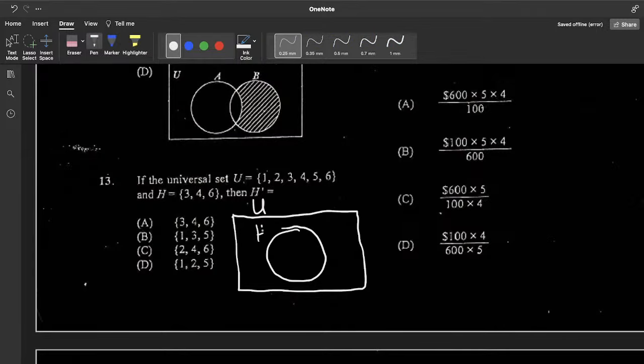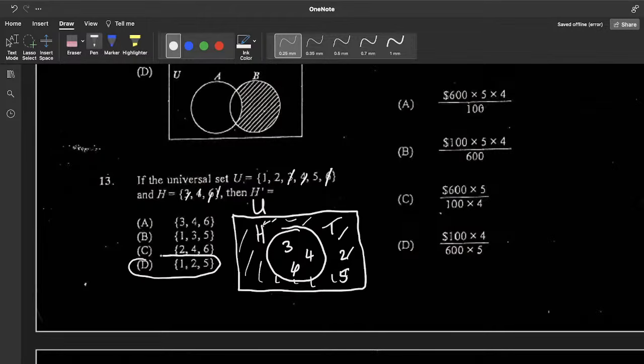This represents H. And inside H we have 3, 4, and 6. Now we are left with 1, 2, and 5. So I'll put 1, 2, and 5 outside. This represents everything that's outside of H. So outside of H, we have what? 1, 2, and 5. Everything outside of H is these here. So 1, 2, and 5 would be this. Therefore, that's our answer.